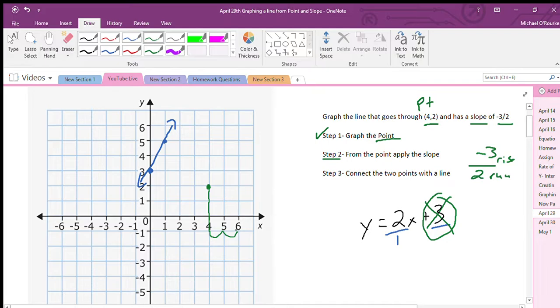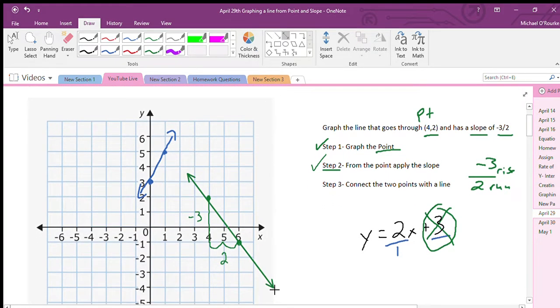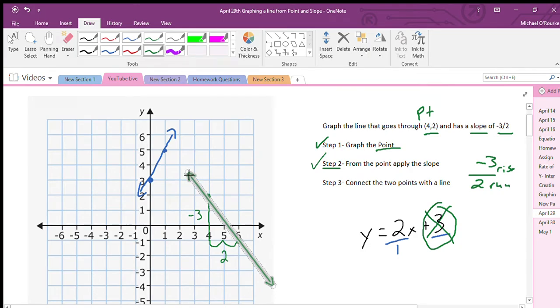So that's minus 3 over 2. Then once we have that, we connect the 2 with a line. And boom, there's our new line. That's as easy as it can be.